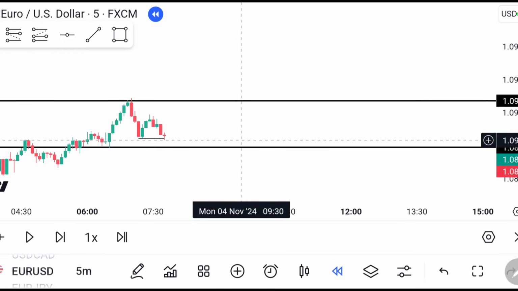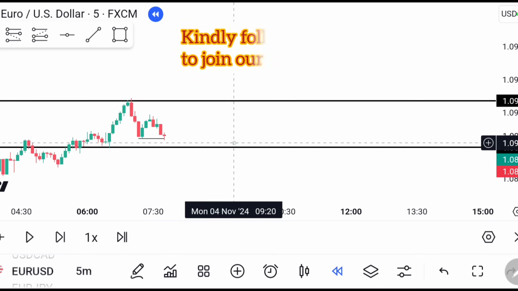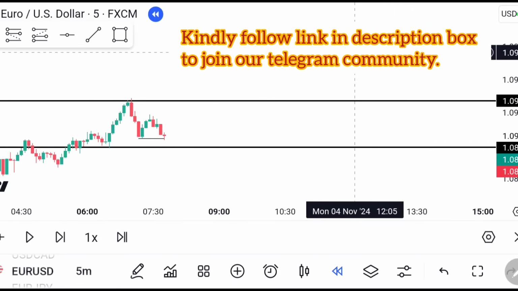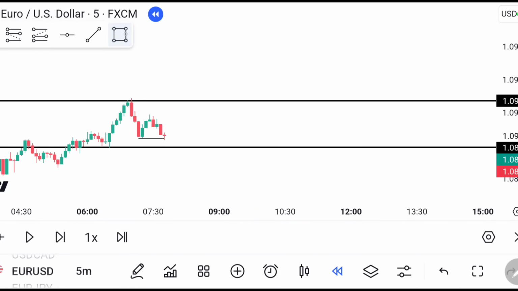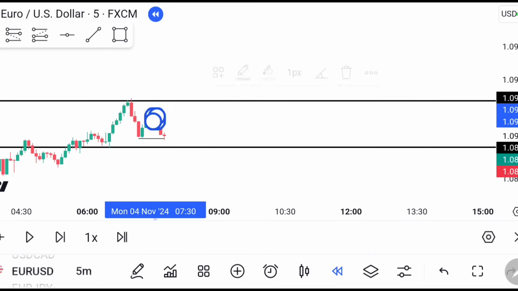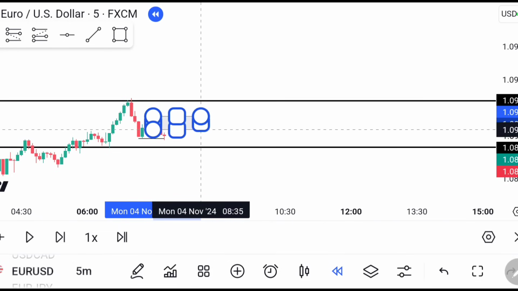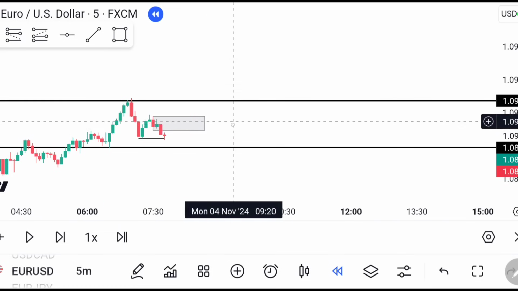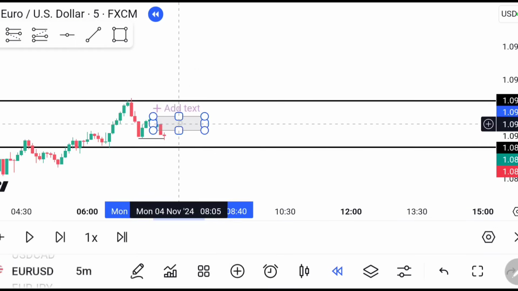After seeing our break of structure, we now need to mark the supply zone that broke structure, the supply zone of the FVG. That's the PD array, but in this case it is the supply zone. You can see here this is the supply zone that created the break of structure, so we need to mark that supply zone.